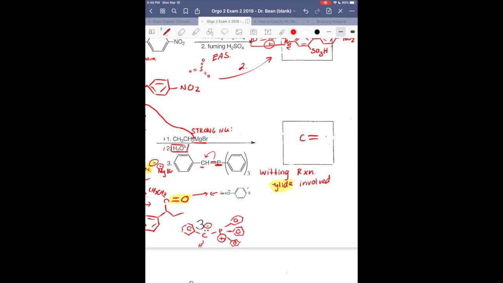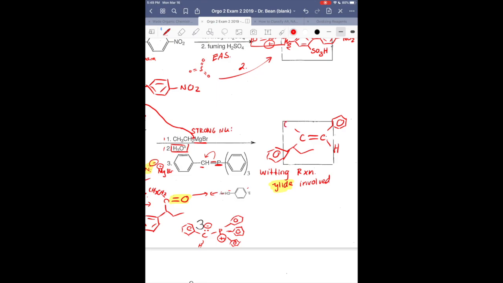So this is going to be the carbon of the carbonyl on the left. This is going to be the carbon of your ylide on the right. And let's put our benzene and then whatever was attached there, so the hydrogen, as well as the groups that were attached to that carbonyl carbon.